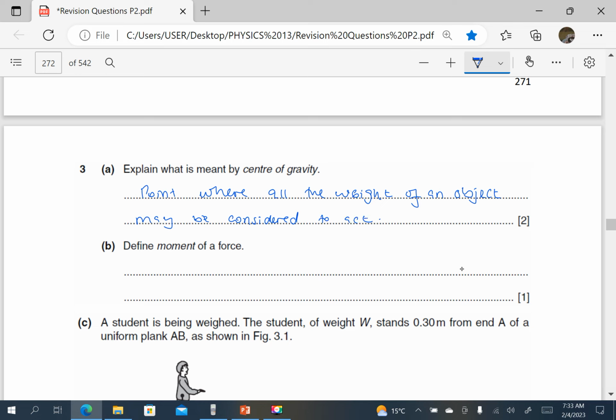That is center of gravity. Point where all the weight of an object may be considered to act.